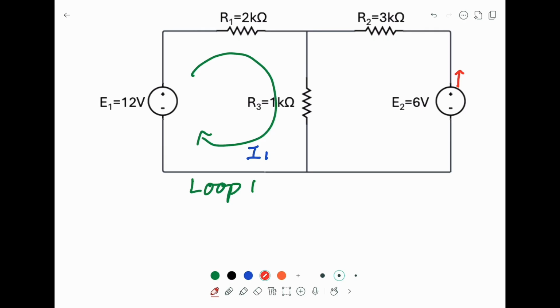So we can still draw the mesh current in the clockwise direction. So I will do this one in the clockwise direction, and our solution will eventually give the true direction of the current. So this is loop 2.